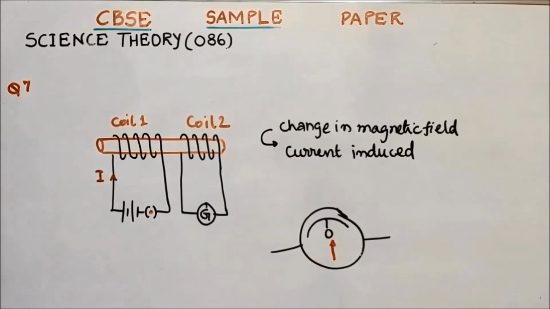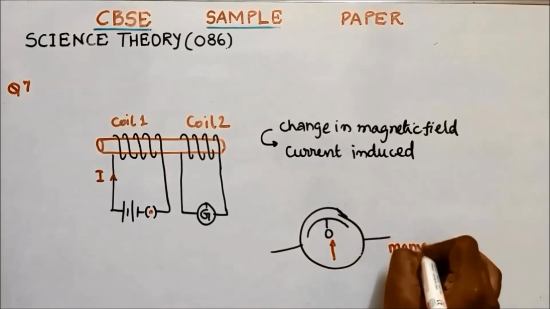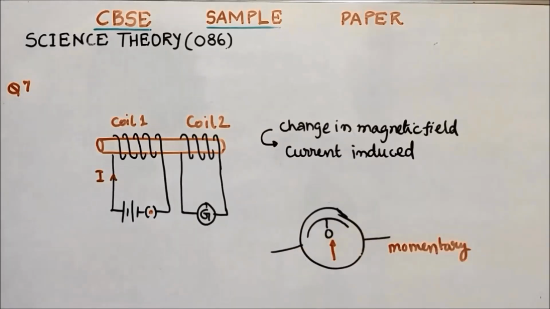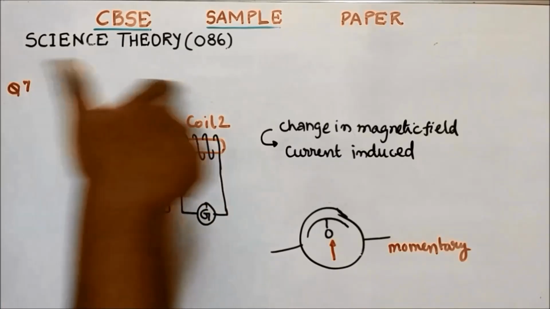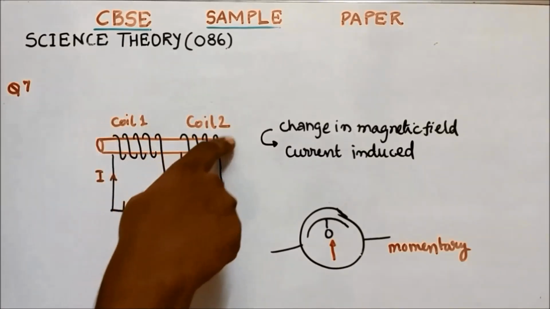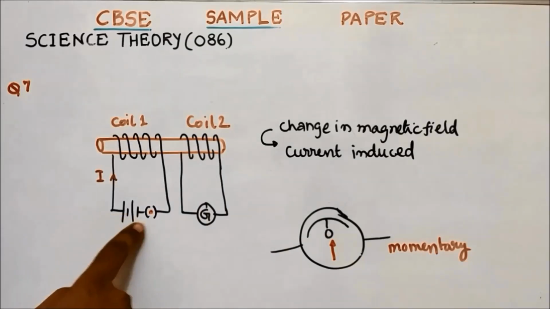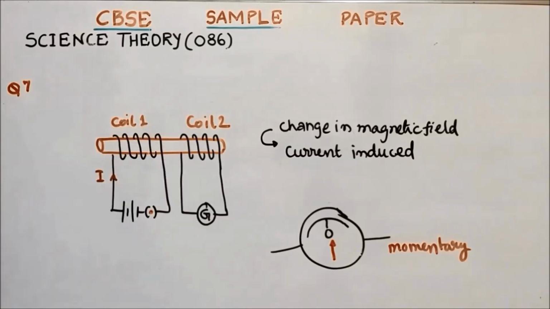Now this deflection will be momentary. Why is this deflection momentary? Because when the magnetic field is established around both the coils, especially on the coil 2, and a steady current flows through the coil, the magnetic field will also become steady.